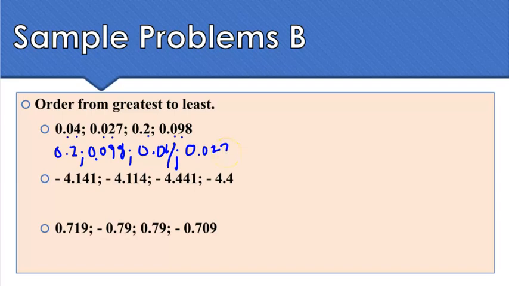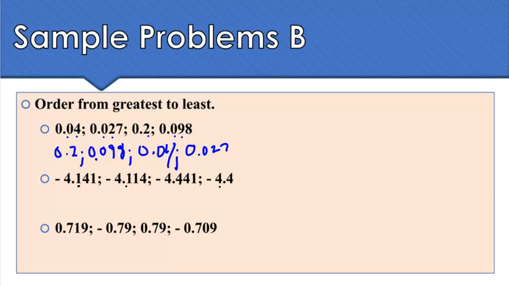Next, we have negative 4.141, negative 4.114, negative 4.441, and negative 4.4. So they all start with negative 4. Next, the tenths place is 1, 1, 4, 4. Now, because the numbers are negative, the bigger number is actually going to be the one with the smaller digits, because that one's going to be further to the right on a number line.